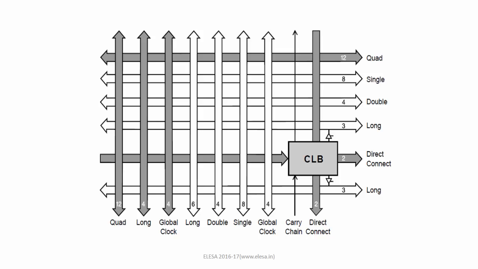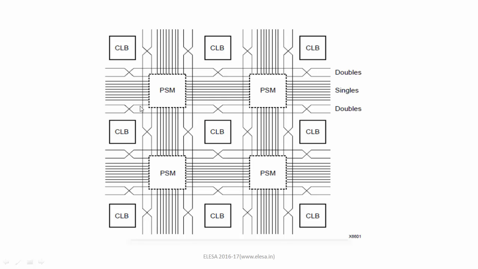The reason is that in the FPGA the CLBs are placed at different places like this, and they are surrounded by the group of wires as we saw in our previous slide. Okay, so suppose this CLB is to be connected with this CLB, so there must be a wire routed from this CLB to this one.